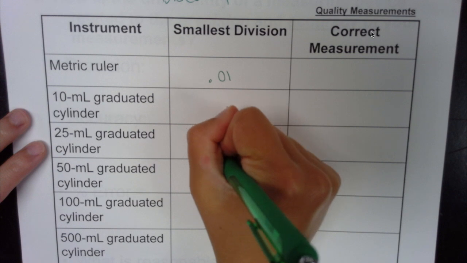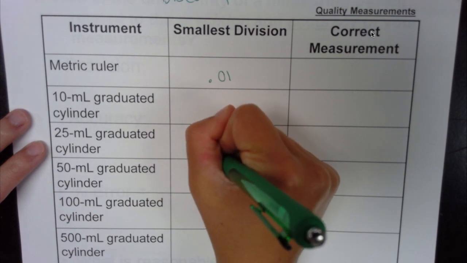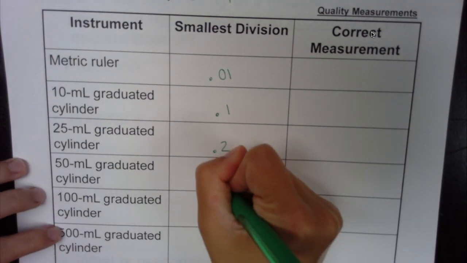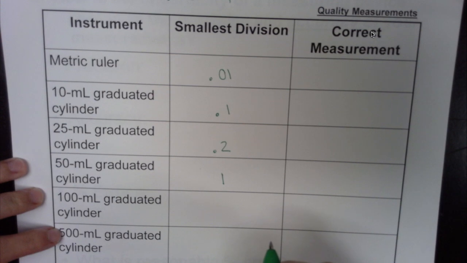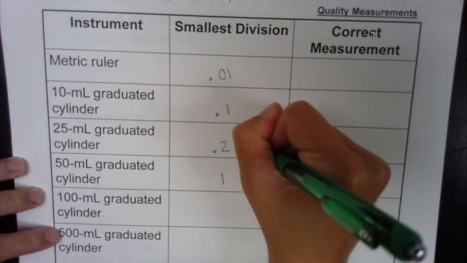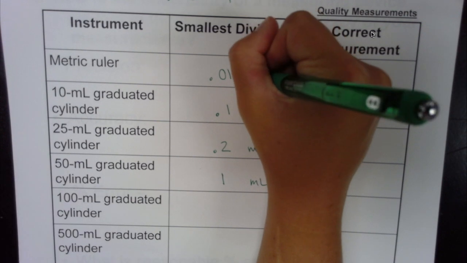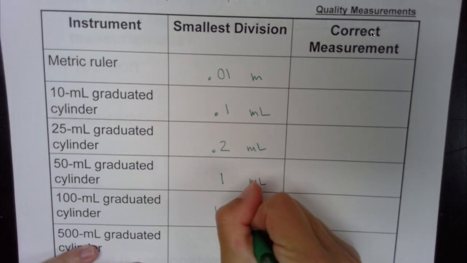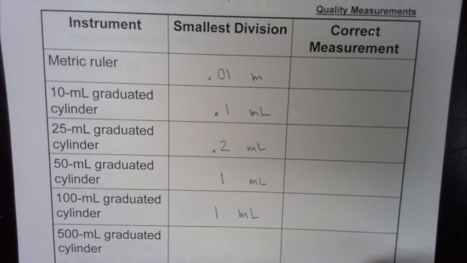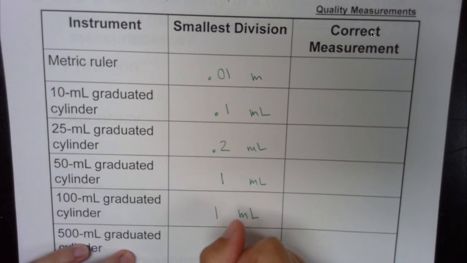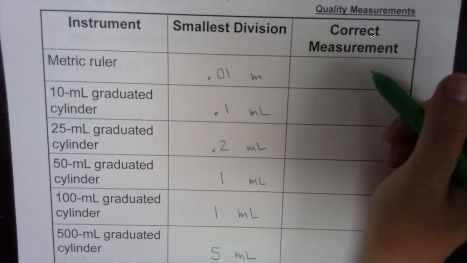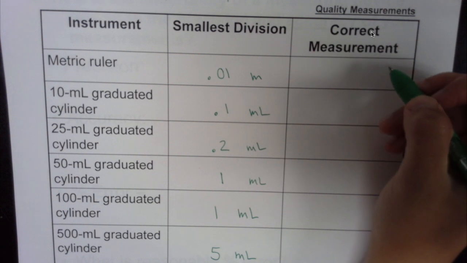The 25 milliliter graduated cylinder is measured off in 0.2. 50 milliliter graduated cylinder has 1 milliliter. So if you want units on these, this is what I'm talking about. Ruler, 0.01 liters. And 100 milliliter graduated cylinder is also marked off by 1 milliliters, and the 500 is marked off every 5. Okay? So these correct measurements came from your discovery itself.